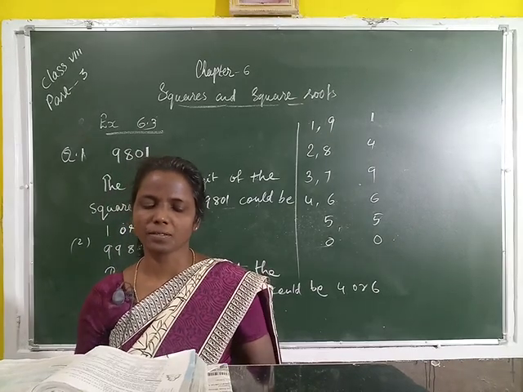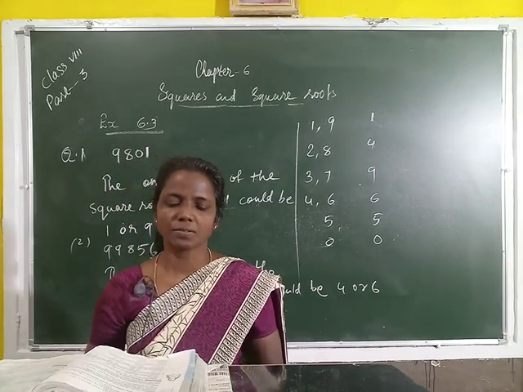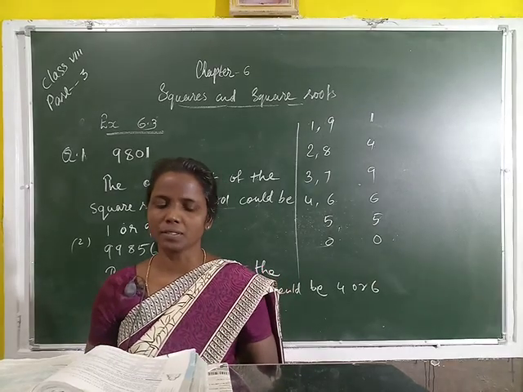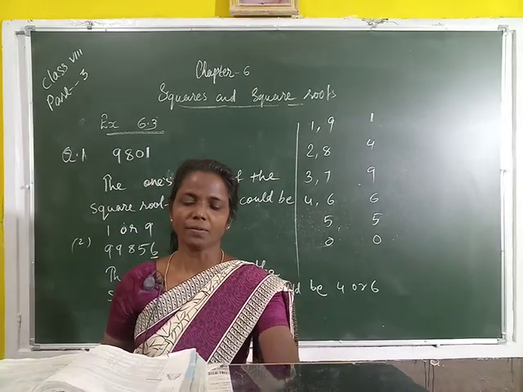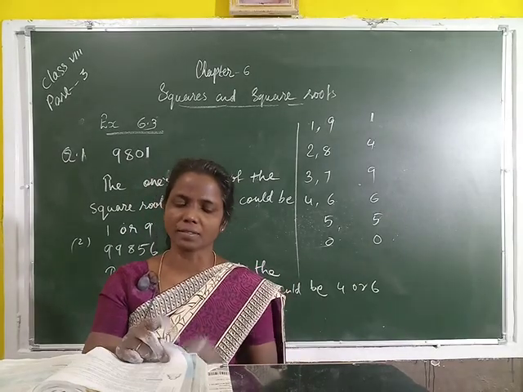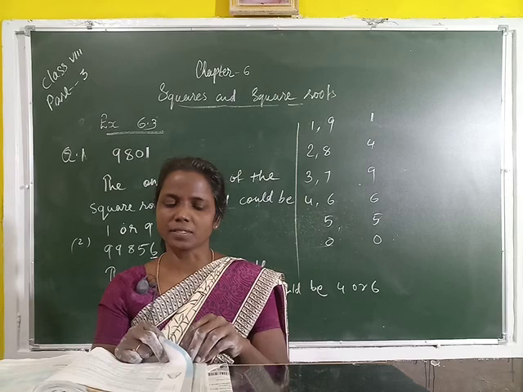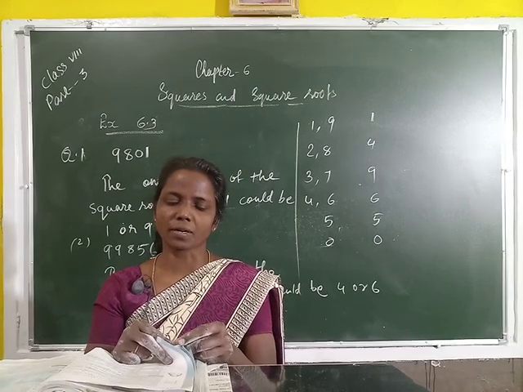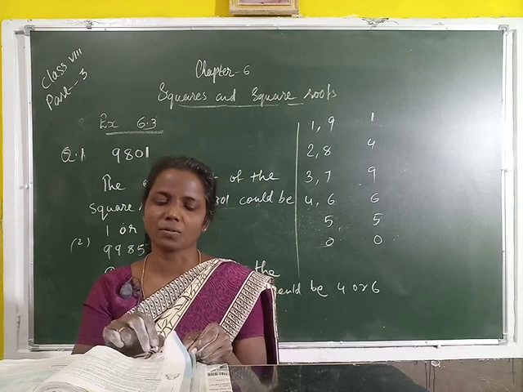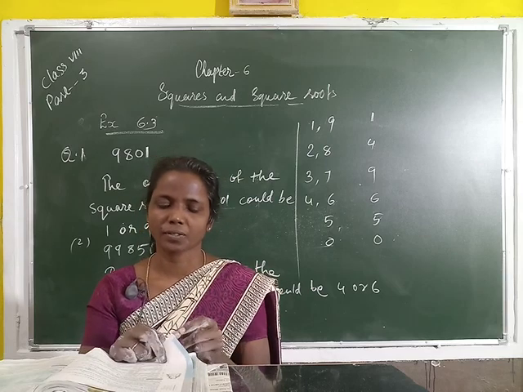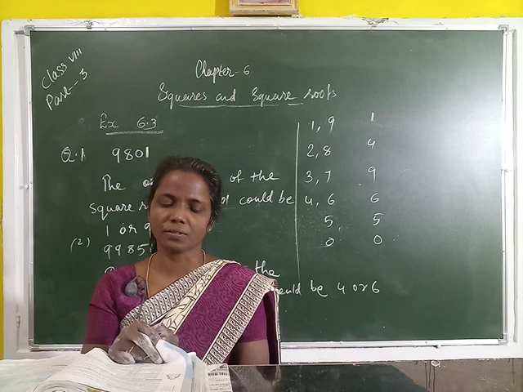Four numbers are given here as questions. First we look at the unit place digits. According to unit place digits, we can find out the answer. We already solved these questions in exercise 6.1, question number 2. Then you can find the answer yourself.